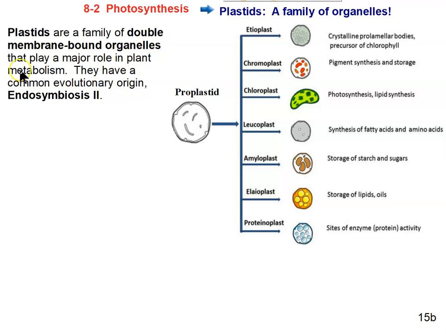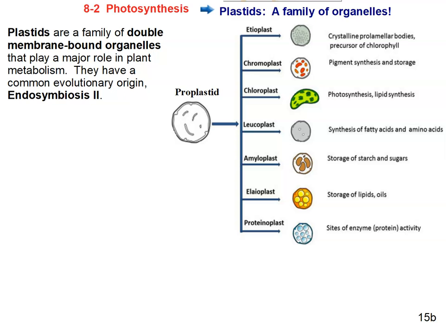And they play a major role in plant metabolism, and they carry out various functions in plant metabolism, and they all have the same evolutionary origin. And that would be endosymbiosis 2. Remember, endosymbiosis explains the transition from prokaryotic to eukaryotic, and it happened twice.